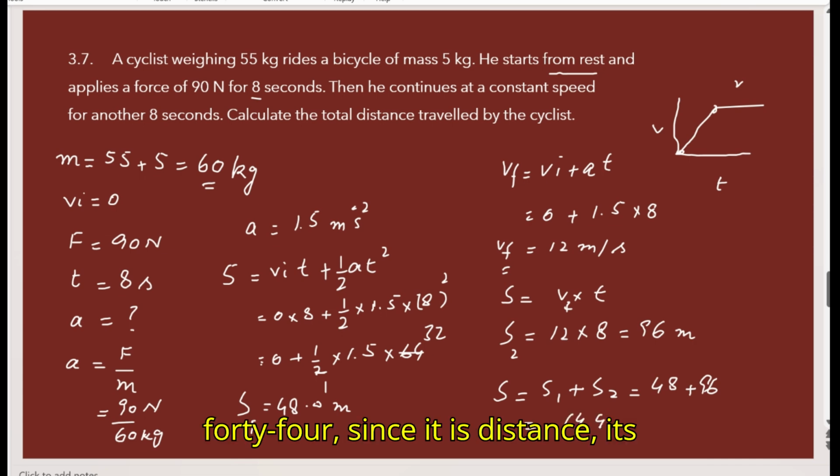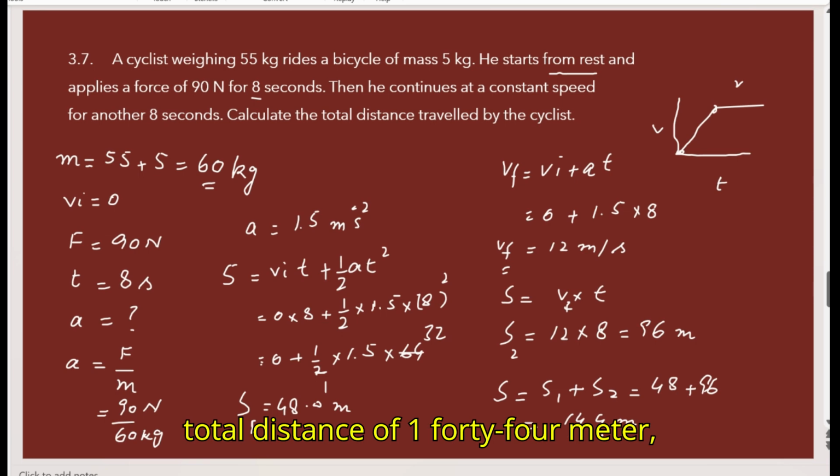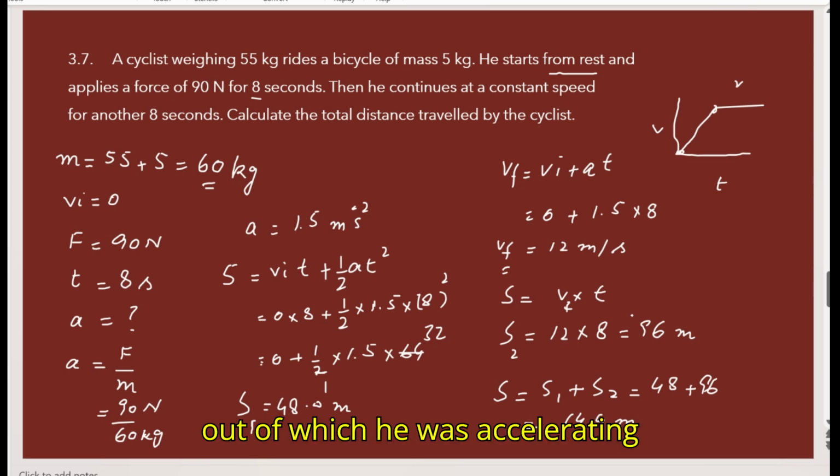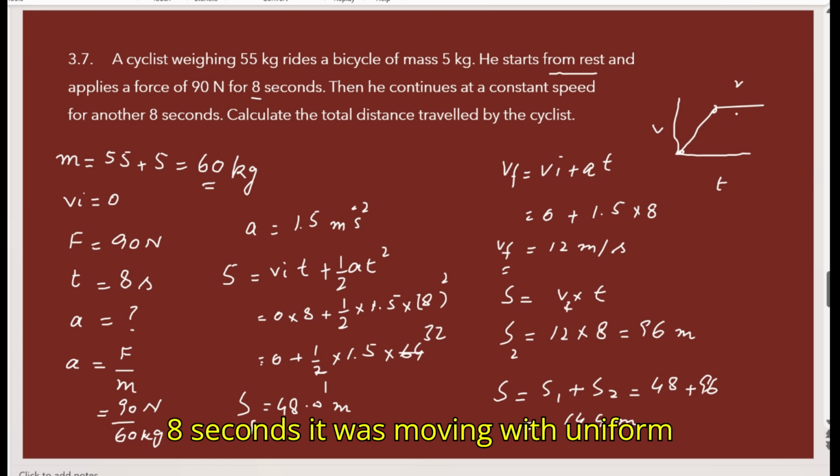Since it is distance, its SI unit is meter. So the body totally in 8 plus 8, that is 16 seconds, covers a total distance of 144 meter, out of which he was accelerating in the first 8 seconds, and in the next 8 seconds it was moving with uniform speed.